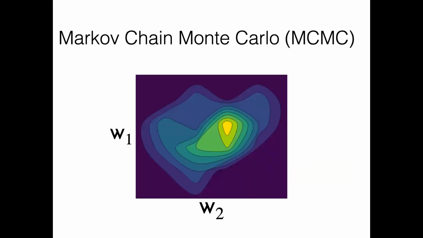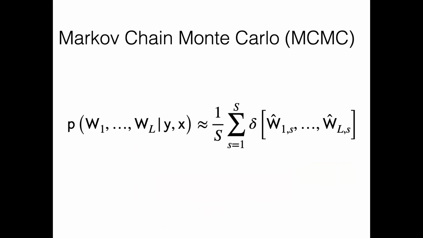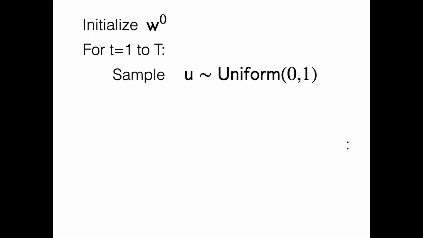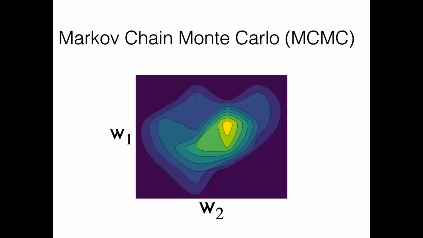And so the last major thing we talked about was Markov chain Monte Carlo. This is kind of the gold standard with how we want to get a posterior if we could. And that is we represent the posterior as a kind of mixture of particles. And we get these particles by first initializing the weights, and then for some number of time steps, sampling a uniform distribution and sampling some proposal distribution for how we should move in that space.